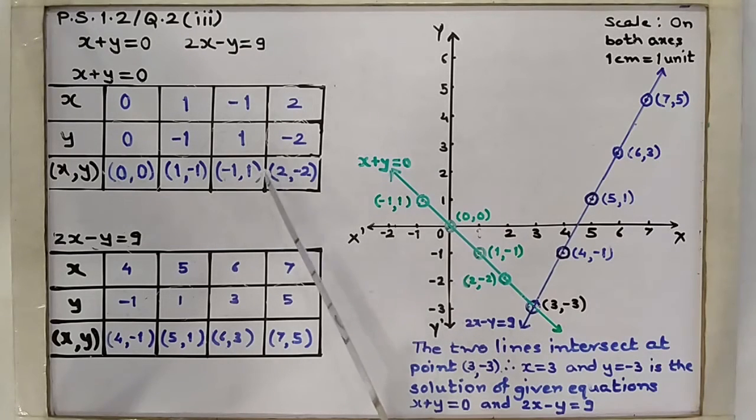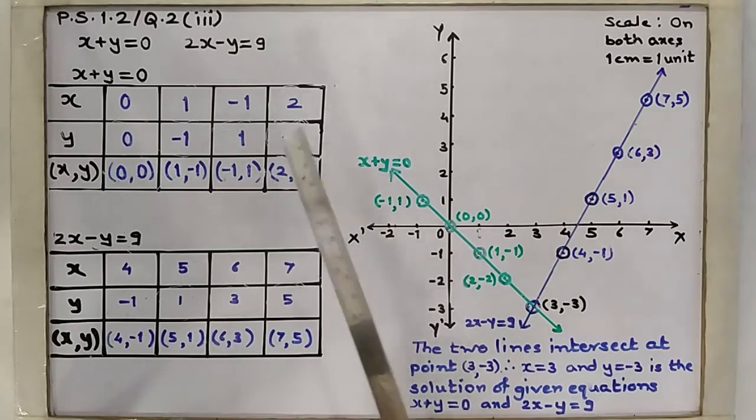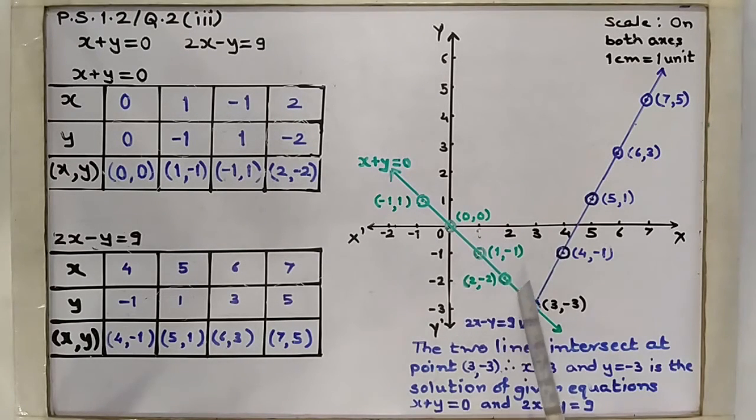Fourth point is 2, -2. X coordinate is 2 and y coordinate is -2. Again, x coordinate is positive and y coordinate is negative, so the point is going to lie in the fourth quadrant. It will be same as 1, -1.